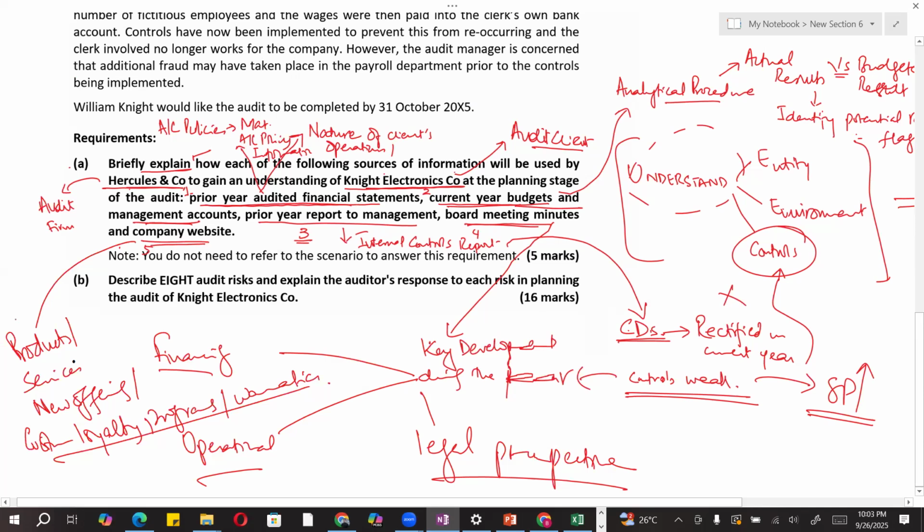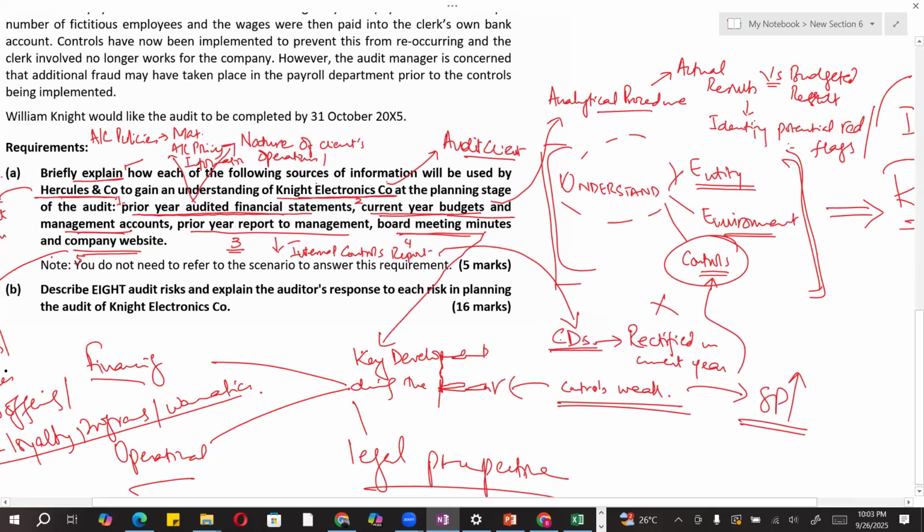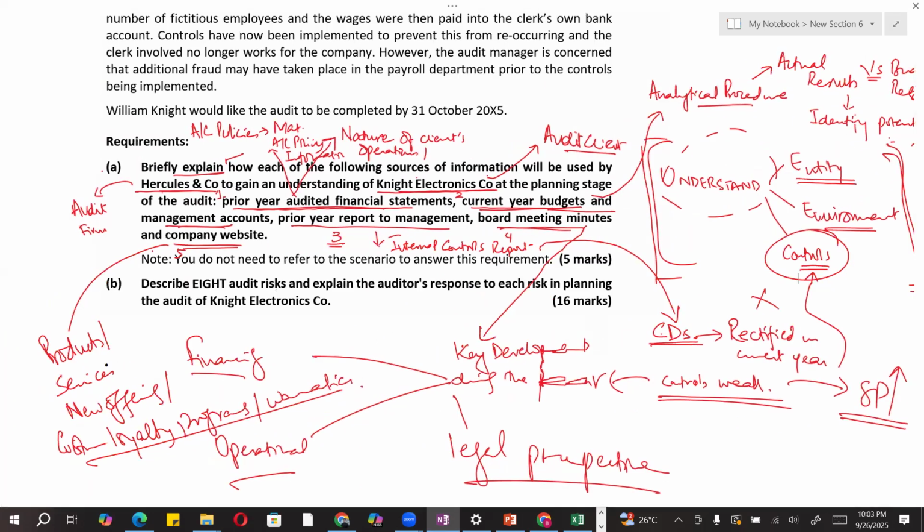Now, technically speaking, in answering this question, we have relied upon our knowledge of ISA 315 in terms of understanding the entity, its environment, and controls. And we tried to be specific in terms of how each of these documents is going to help us in gaining understanding.